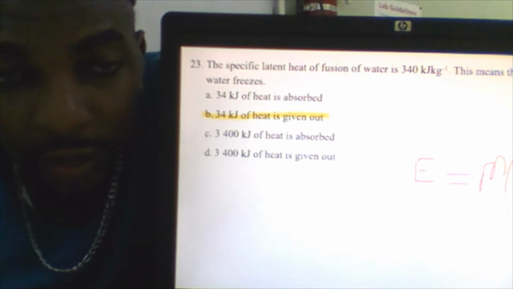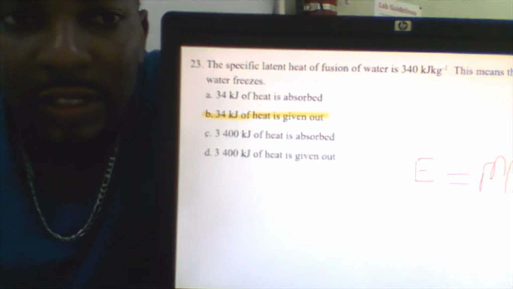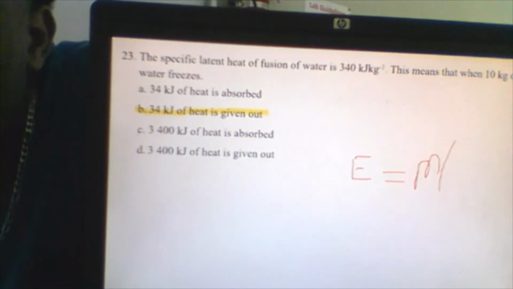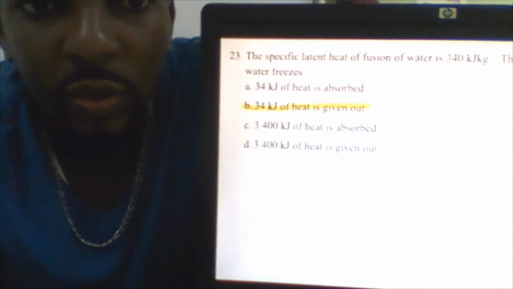E is equal to ml. So because E is equal to ml, when we rearrange the formula, we're going to see that the mass multiplied by the specific latent heat of fusion, so 10, when you cancel out, it gives that answer of 34 kilojoules.